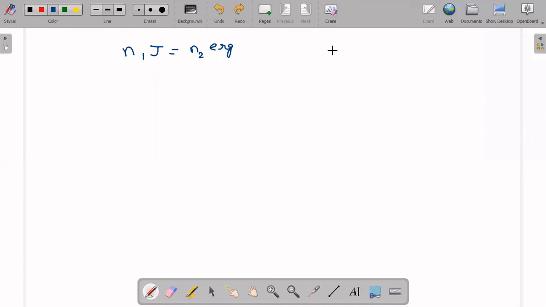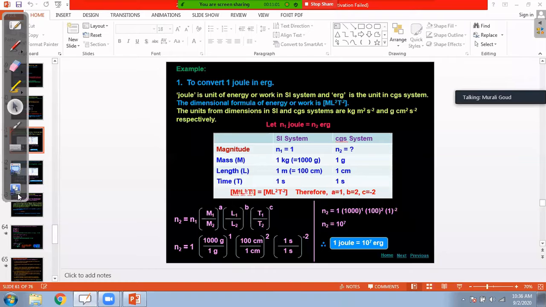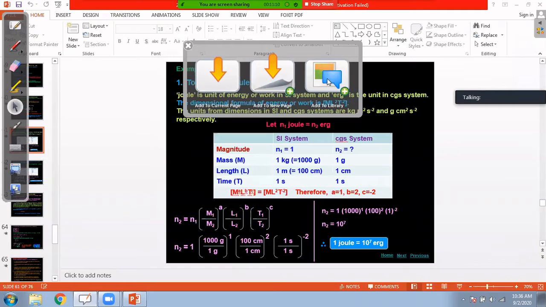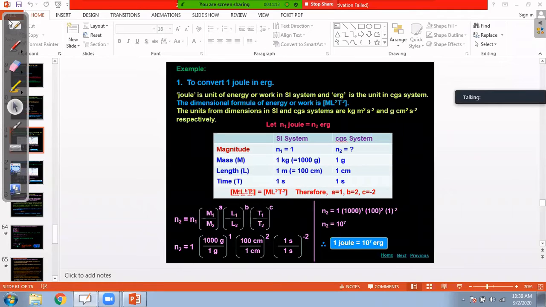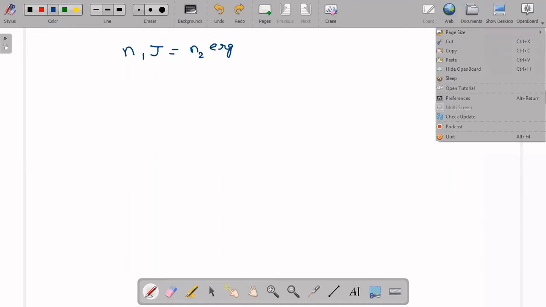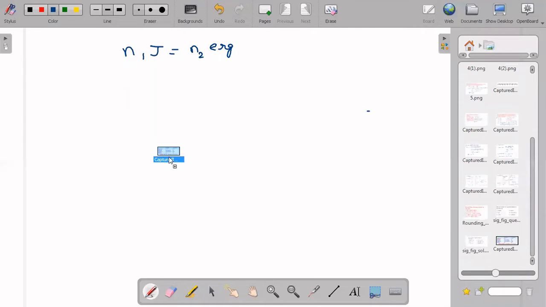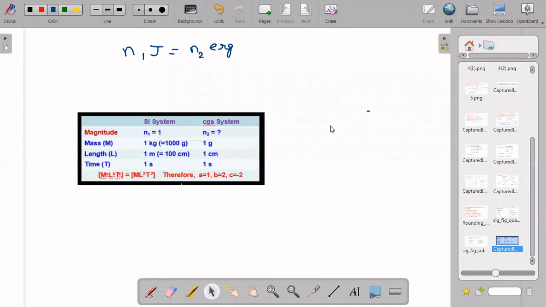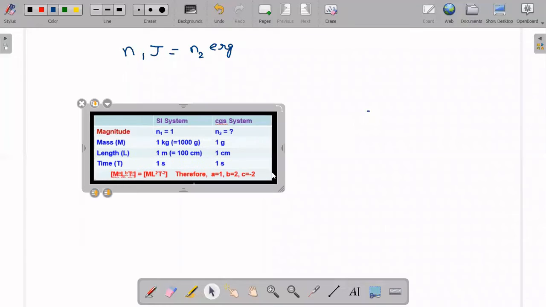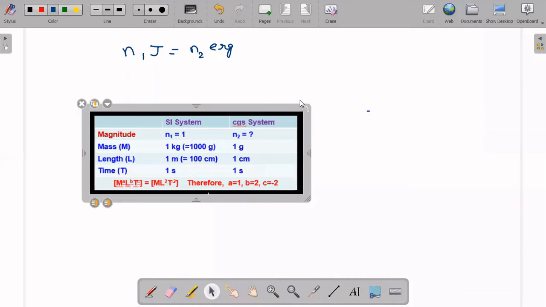Let me write a table also over here. We have this already in the slide.